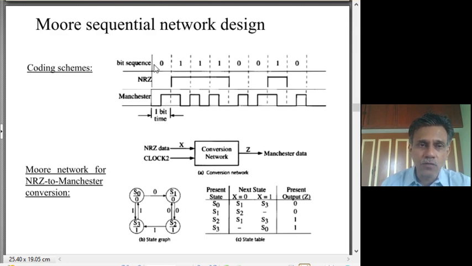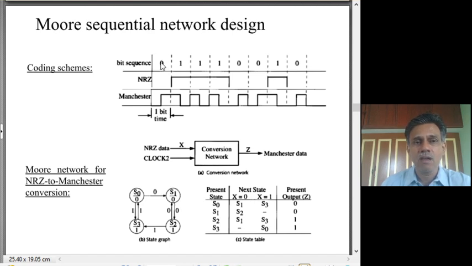Let us view both. Imagine the base clock, based on which the zeros and ones are produced. Clock 2 has twice the frequency and half the period, and let us say they are synchronized. So with regard to this clock, there are 2 clock periods for every 1 clock period of the base clock.